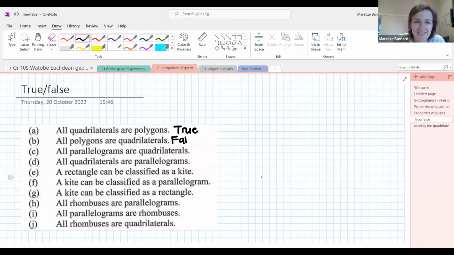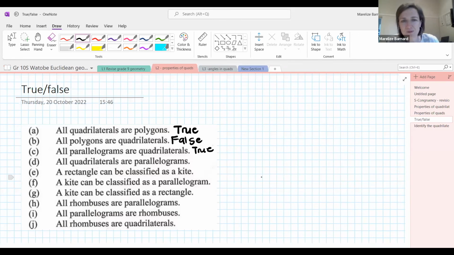Okay. That is false. Yes, all polygons are not quadrilaterals. They can be pentagons, hexagons, octagons, all of those. Okay, all parallelograms are quadrilaterals. True or false? Pop it in the chat. That is true.